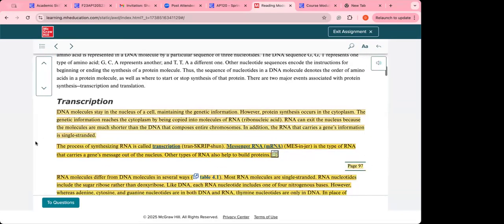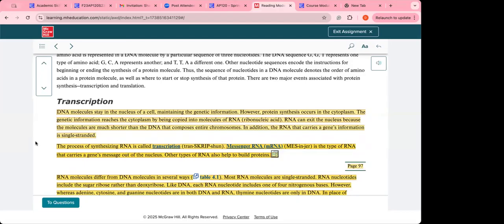So, transcription. DNA molecules stay in the nucleus of a cell, maintaining the genetic information. However, protein synthesis occurs in the cytoplasm. The genetic information reaches the cytoplasm by being carried in molecules of RNA. RNA molecules are much shorter than the DNA that comprises entire chromosomes.